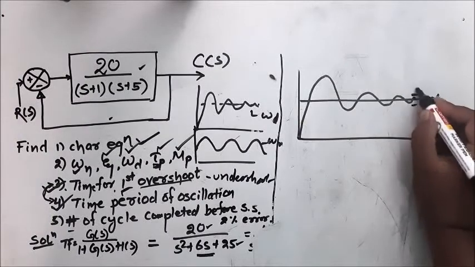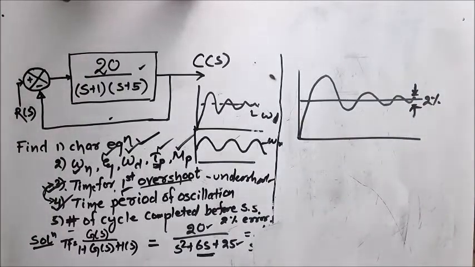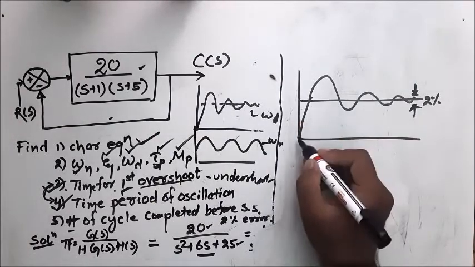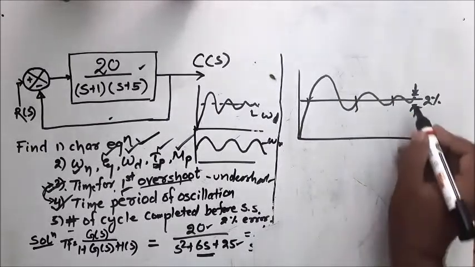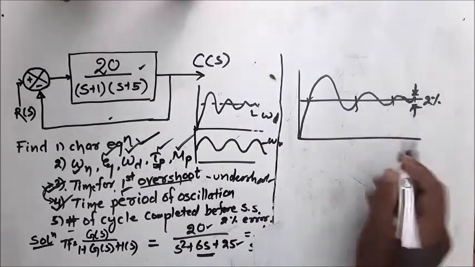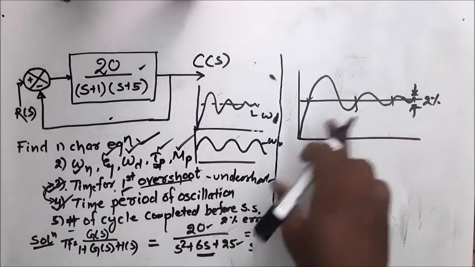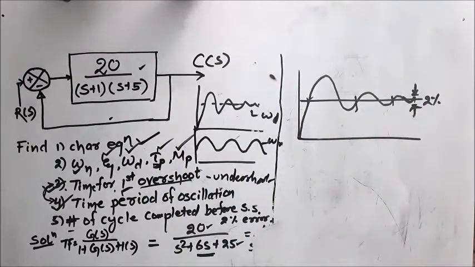That means the system is very precise. From this diagram you can see this is a cycle, this is another cycle, and this is another cycle, so 3 cycles. The question asks how many cycles the system has to complete before reaching the steady state value.